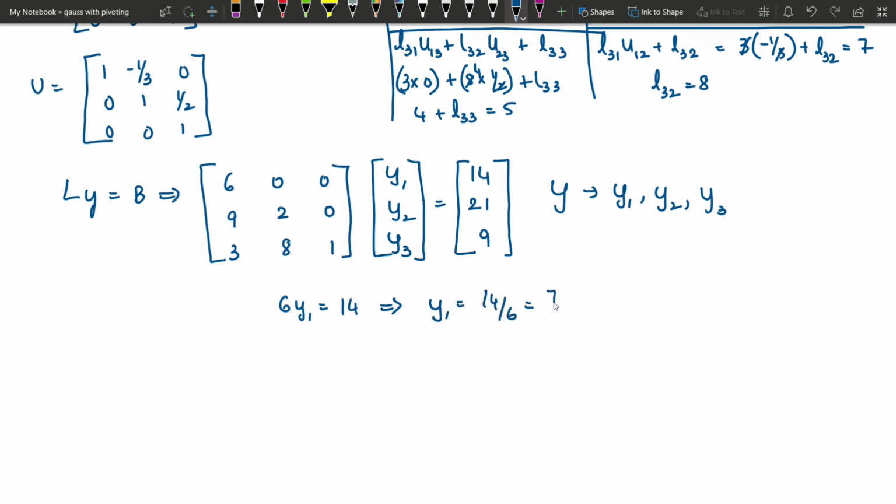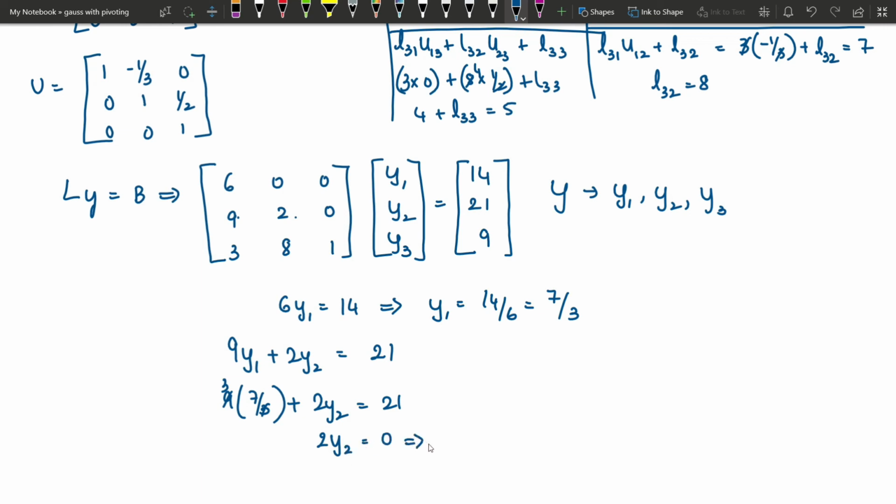Multiplying the first equation with this column, we are going to get just 6y1, which is 14. This implies y1 is 14 by 6, which is 7 by 3. So the next equation has both y1 and y2, which is 9y1 plus 2y2 equals 21. 9 into 7 by 3 plus 2y2 is 21.